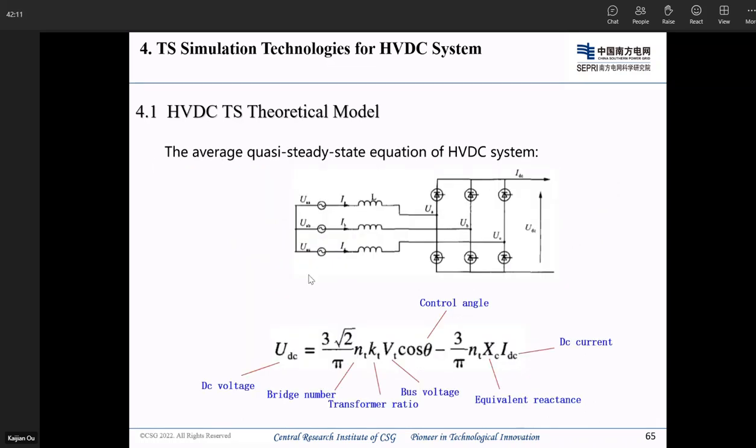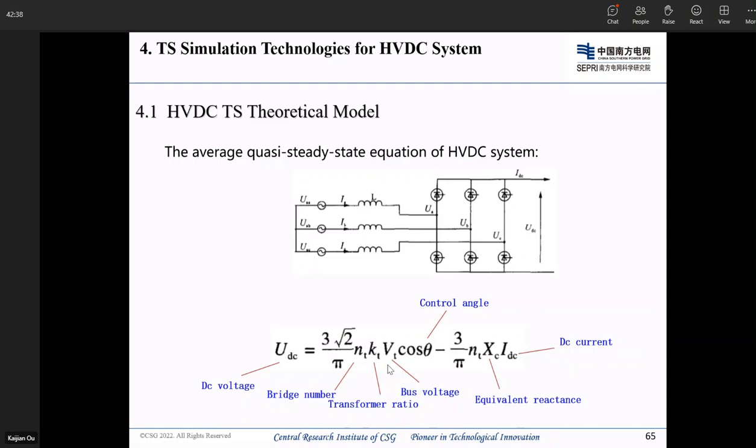So this is the equivalent of the HVDC system. This is UAC. This picture everyone knows. This DC voltage is calculated by this formula.